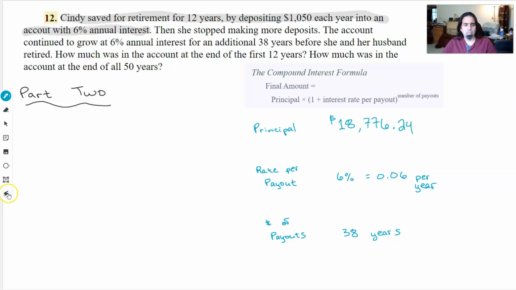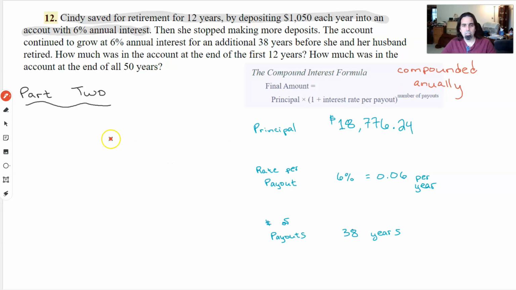How are we compounding things? The account grows at 6% annual interest for 38 years. It doesn't have the phrase compounded weekly, or compounded monthly, or compounded annually. When it doesn't tell you, by default, we're compounding annually. And you only have one.